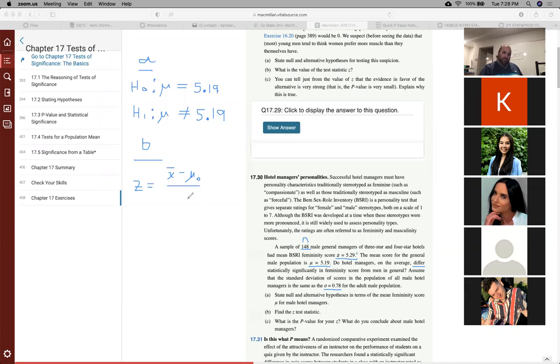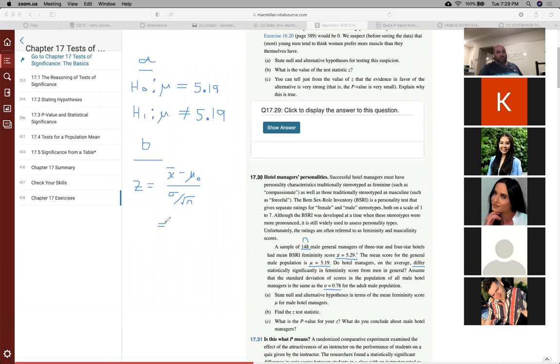And then sigma divided by the square root of n. That is the formula for your test statistic.